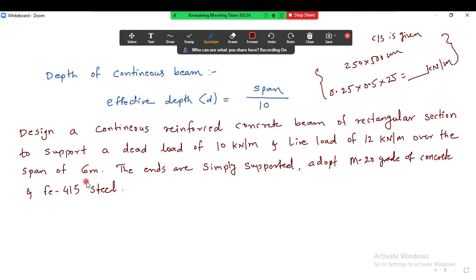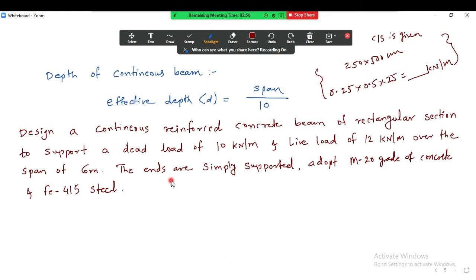Okay. So here they have further told that the ends of the beam are simply supported and to adopt M20 grade of concrete and Fe415 steel. They have not specified whether it is a 3 span, 2 span or 4 span continuous beam.